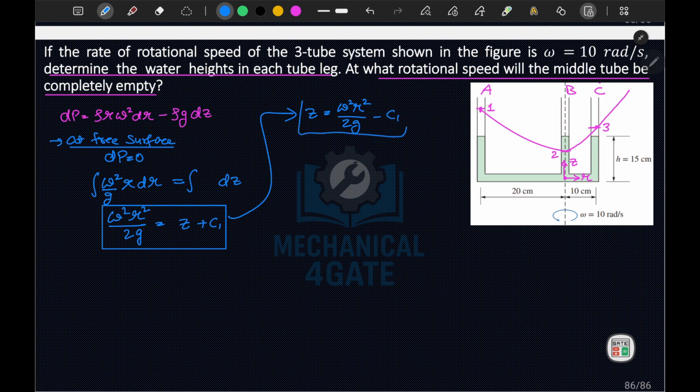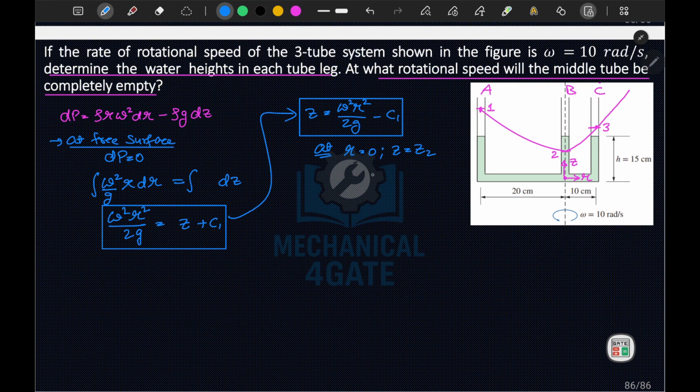So this is your height at any location. Now I can say that at r is equal to 0, we can say z is equal to z2.